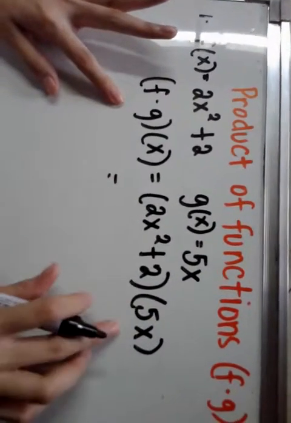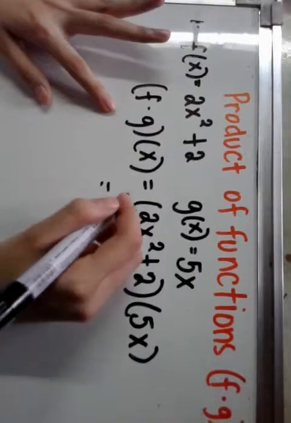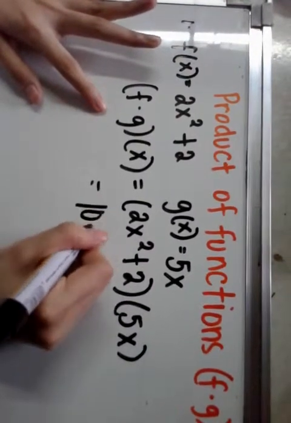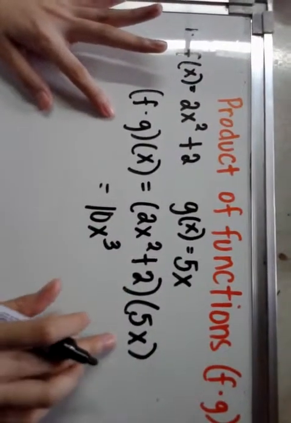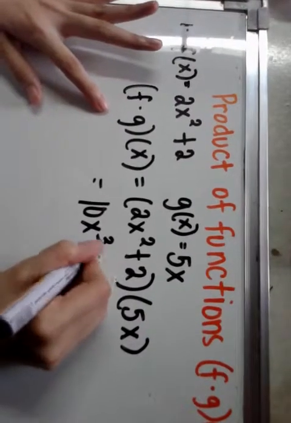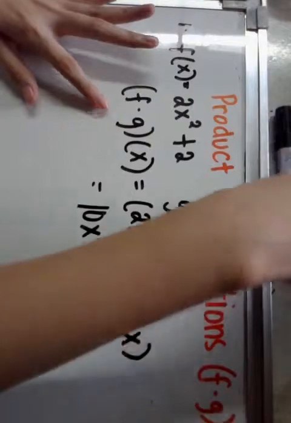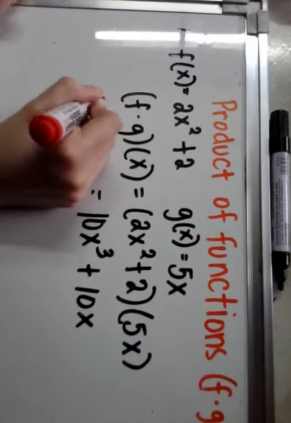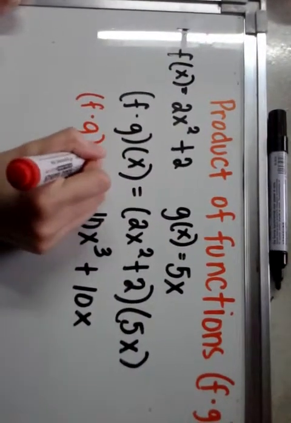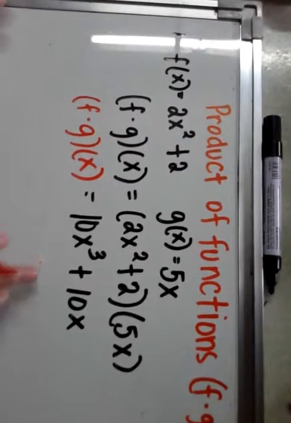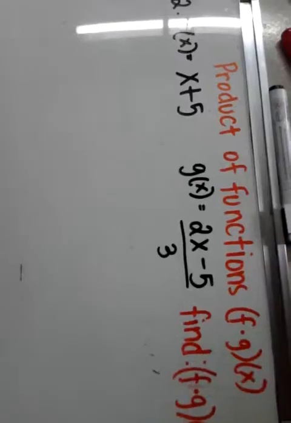So multiply 5x by 2x squared. The answer is 10x cubed. Multiply 5x by 2. The answer is 10x. So therefore, f times g of x is equal to 10x cubed plus 10x.